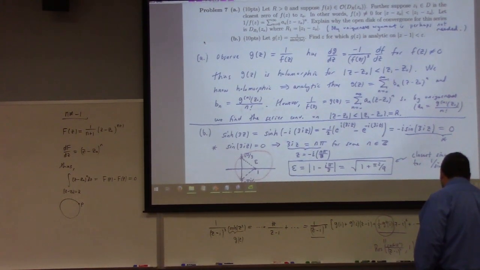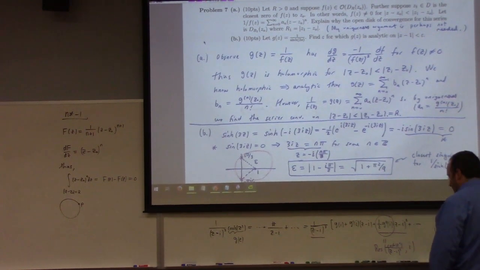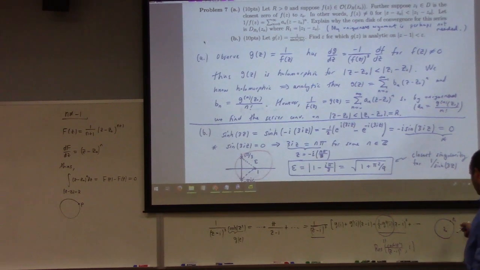So what I was trying to get at, I mean, maybe my wording needs work. I'm struggling to find wording which was more guiding to you guys, but not just giving it away. And I'm not sure I did the best job on that. But what I'm trying to get at was, you have f of z1 equal to 0, but anywhere in here we have f of z not equal to 0.